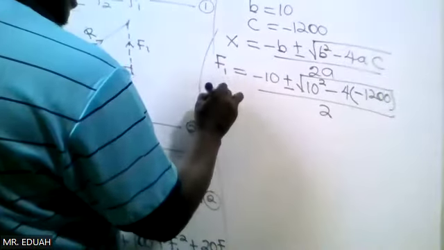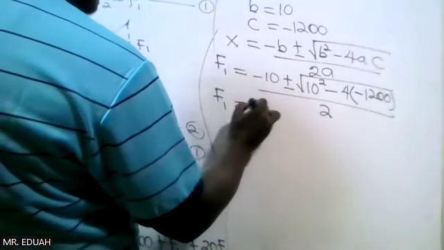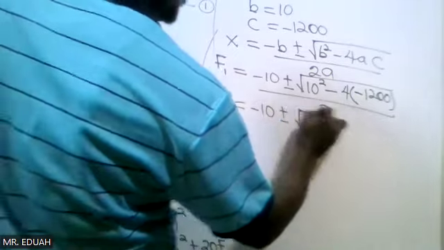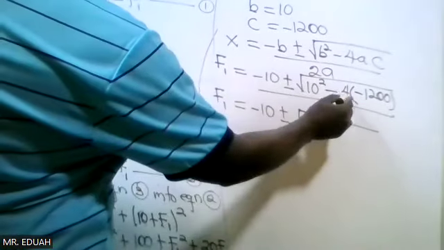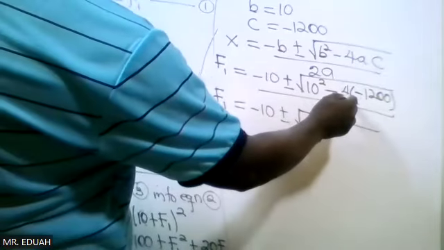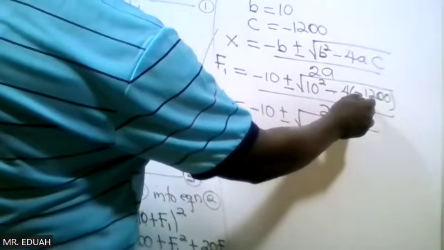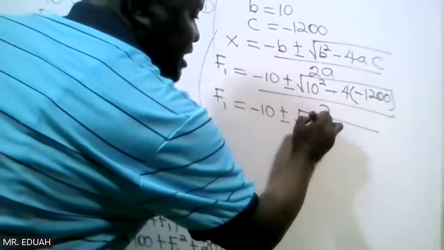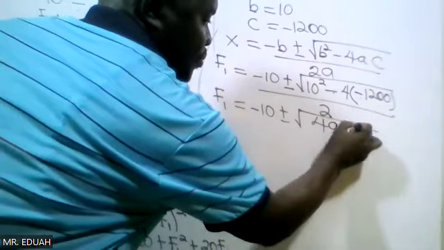So F1 is equal to minus 10 plus or minus. Now this is negative times negative, positive. So when you multiply, we have 4,800 plus 100, giving us 4,900.